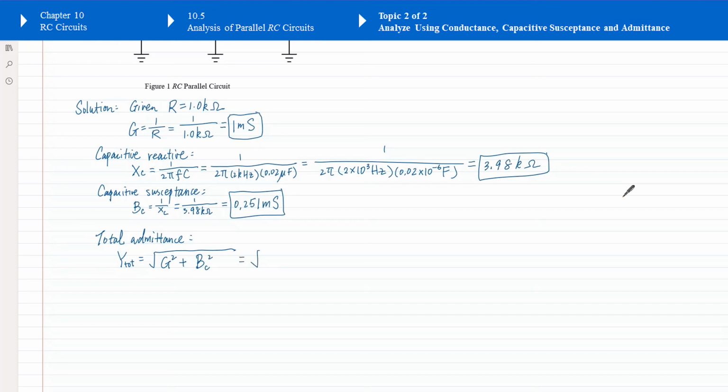Plug in numbers. G is 1 millisiemens squared plus Bc, it is here 0.251 millisiemens squared. Use calculator, I got 1.03 millisiemens.